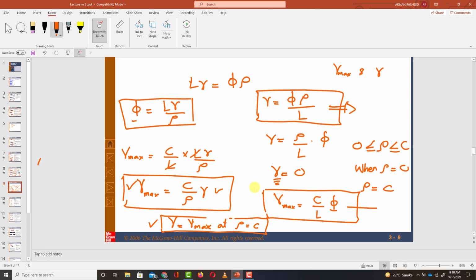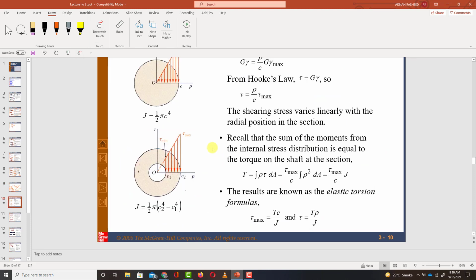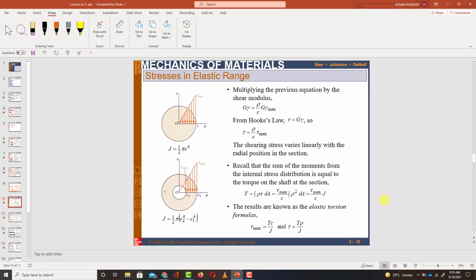And at rho equal to 0, there will be no shear strain. Clear? Okay. Now we will discuss the distribution of shear stresses in the circular shaft.